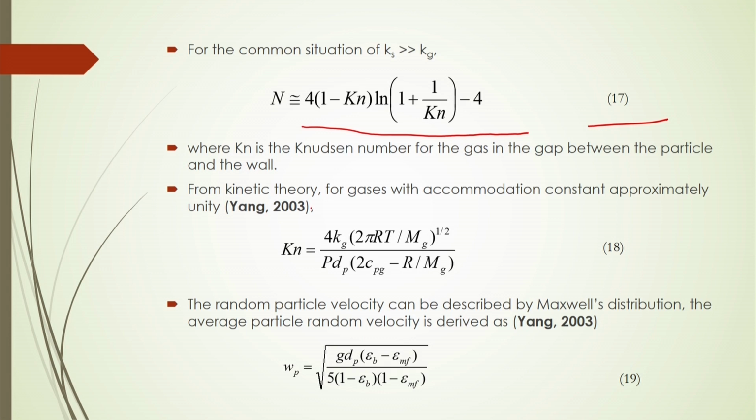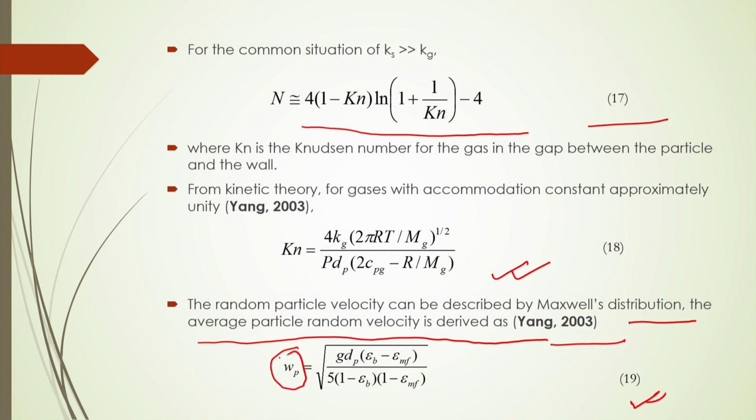From the kinetic theory for gases with accommodation constant approximately unity, the Knudsen number will be expressed by equation number 18, and the random particle velocity can be described by Maxwell's distribution. Then the average particle random velocity will be derived by equation 19 as given by Young 2003. So, this Wp is the average particle random velocity, which will be calculated based on equation 19.